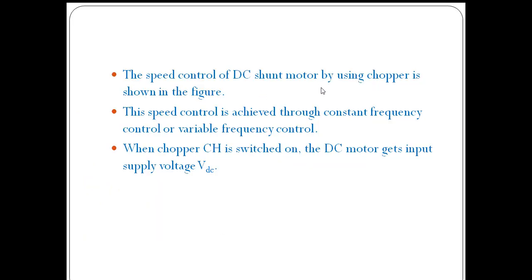Speed control of DC shunt motor by using chopper is shown in the above figure. Speed control is achieved through a constant frequency controller, variable frequency control. When chopper CH is switched on, the DC motor gets input supply from VDC.